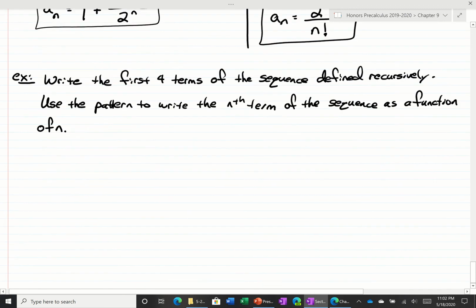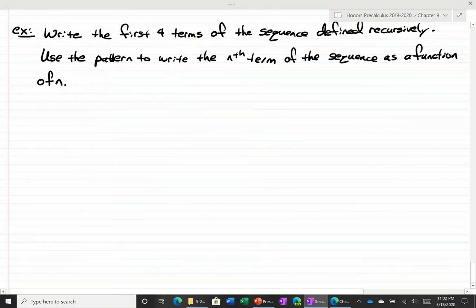So pretty much we're doing the same thing we've been doing, except we're writing it in function notation.